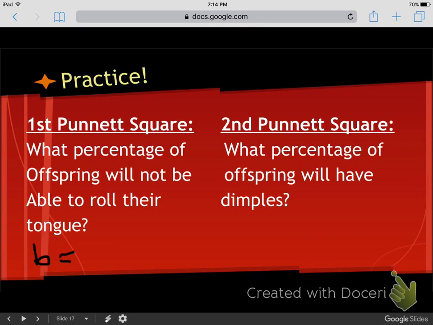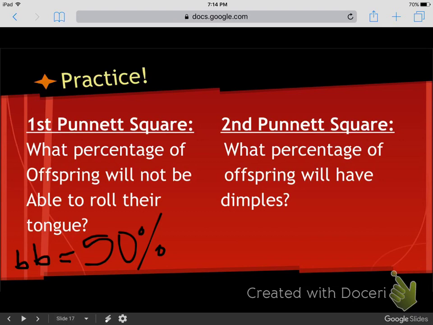And the only way to get that recessive trait was if you had 2 of them. Because if there's a dominant trait there, you're not going to get the recessive one, because the dominant one powers through. So when you look at your Punnett square, there were 2 out of 4 of the squares that had little b in it, which means 50% of their offspring will not be able to roll their tongue.